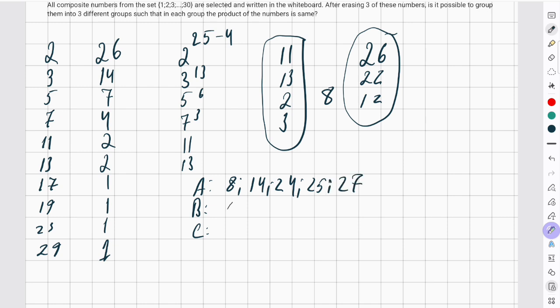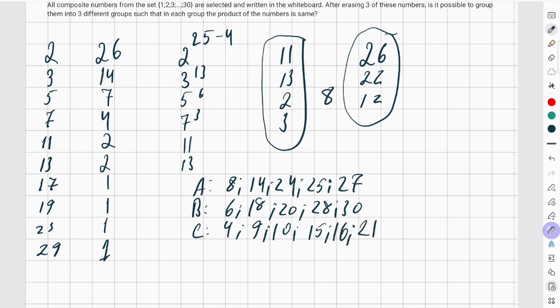In group B we have 6, 18, 20, 28 and 30. And in the last group 4, 9, 10, 15, 16 and 21.